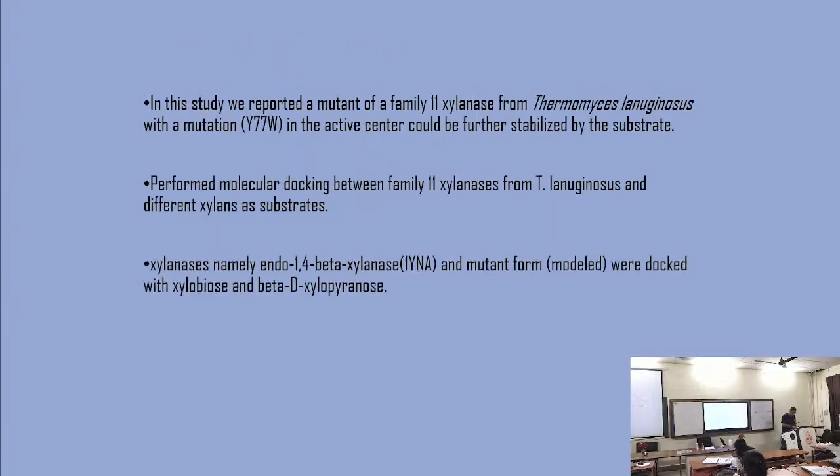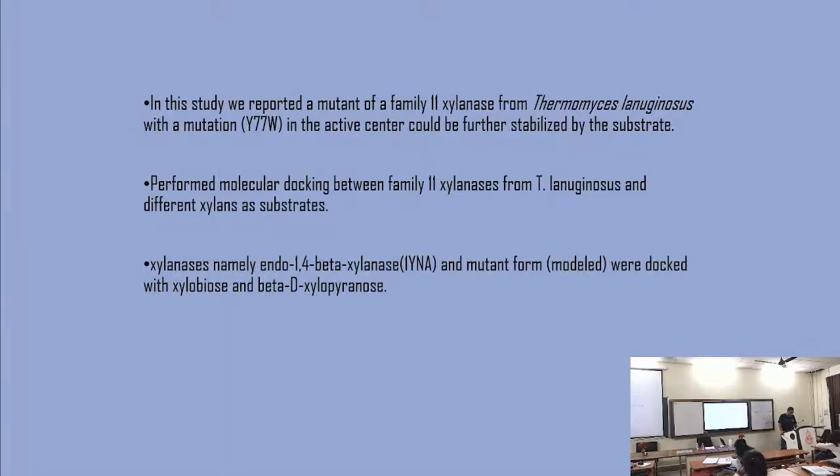So what we did is that we completed the study of family 11 xylanases from Thermomyces lanuginosus. They are versatile enzymes, and we found that the Y77W mutation can be better, and it can make the xylanase more precise, meaning for the application part.